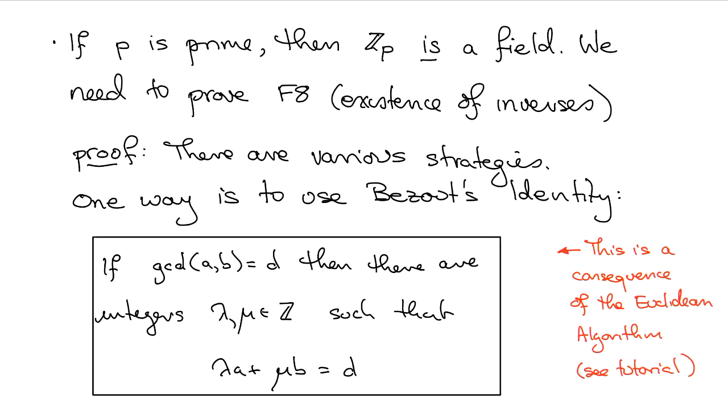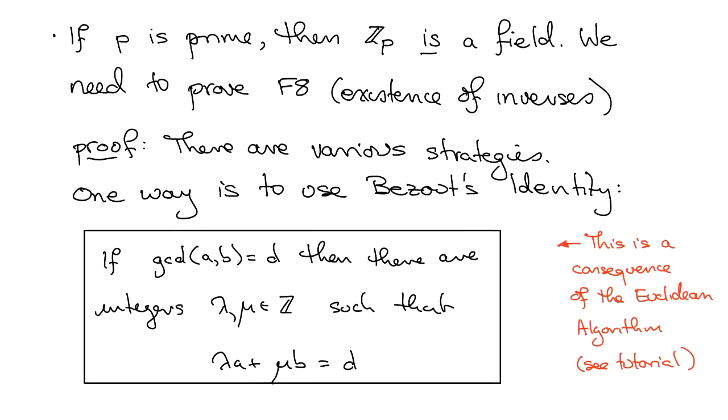Okay, good. As I say, it's a consequence of the Euclidean algorithm, and the Euclidean algorithm even tells you how to find lambda and mu.